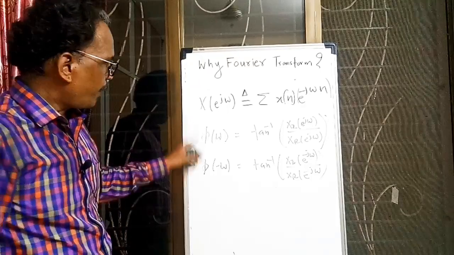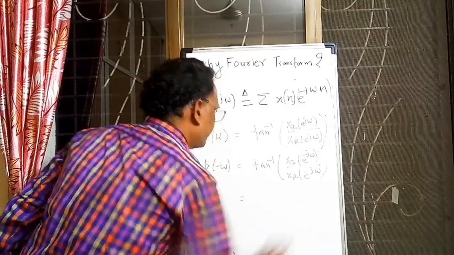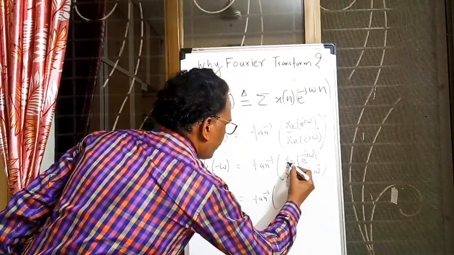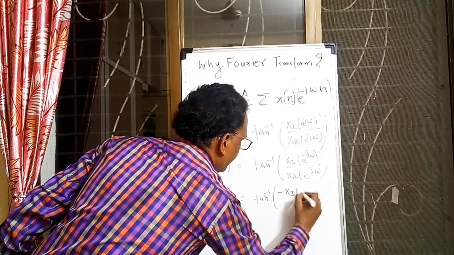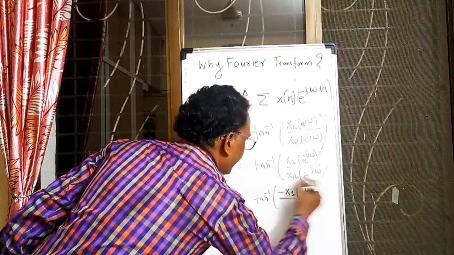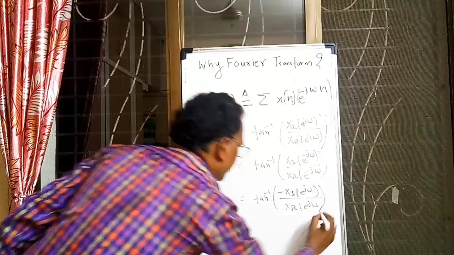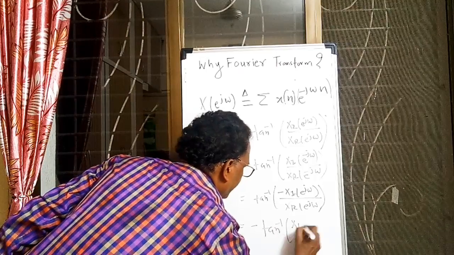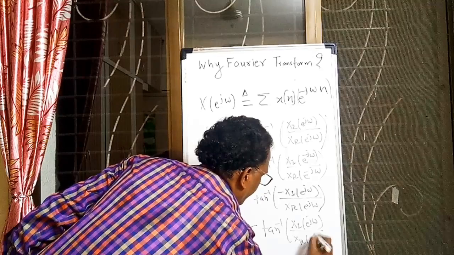And now, by observing this phi of minus omega, you can write tan inverse of, we know that the imaginary part of the Fourier transform is always odd, so it is minus xi e to the power j omega divided by, the even part is always symmetric, xr e to the power j omega, which is written as minus tan inverse of xi e to the power j omega divided by xr e to the power j omega.